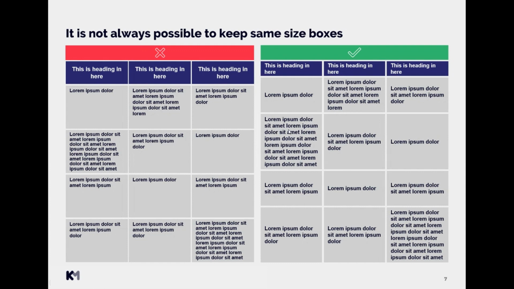For the boxes with a lot of content, we increased the height of the box, and now we've been able to fit the text comfortably, and we didn't have to decrease the line spacing. We still keep some consistency also in height because the second and fourth rows are the same size, and the first and third are again the same size. So this would be a very good solution. And we also now have only one font size in the whole table.